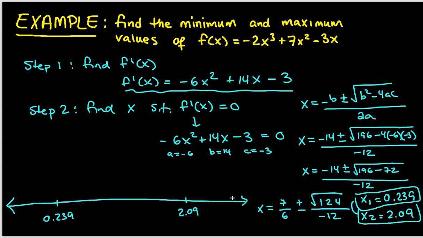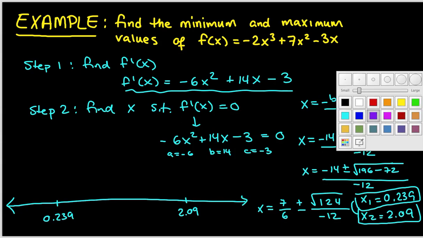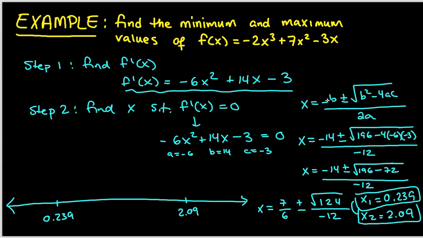We plot those two points, and then we find points around them. So we'll take 0, we'll take 1, and let's just take 3. I'm just putting them in their place, left or right of the number. It's not precisely placed, and that's fine.